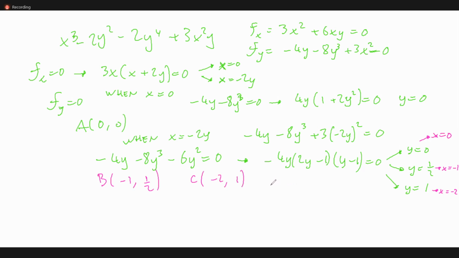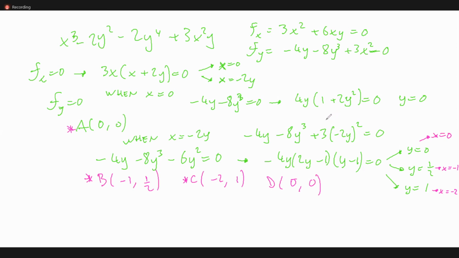It also gives us point D, which is 0, 0, but we have already found the pair 0, 0 from the previous substitution. So now we have identified the three critical points A, B, and C. To determine their nature, we need to study the discriminant.